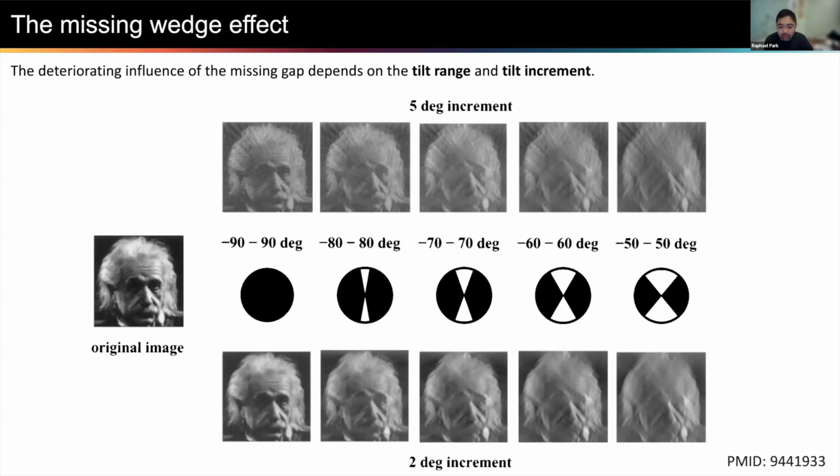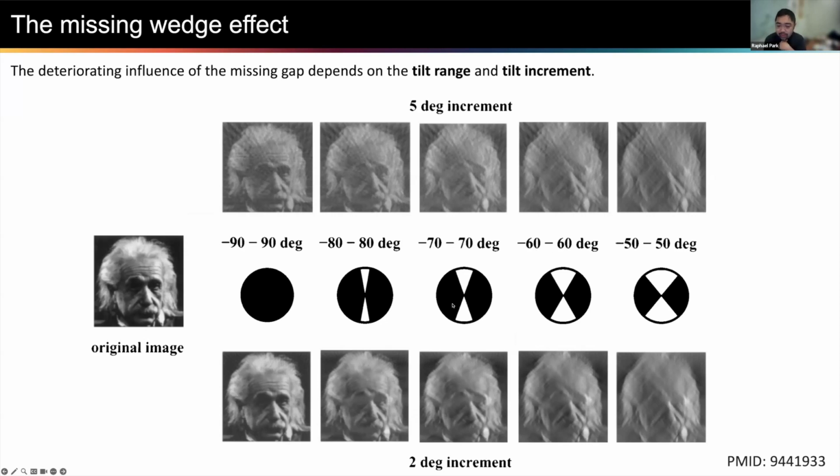Another parameter that we have to consider when we collect this type of data is what is the range of our tilt series and what is our increment. So the range is, for example, here from minus 60 to plus 60.